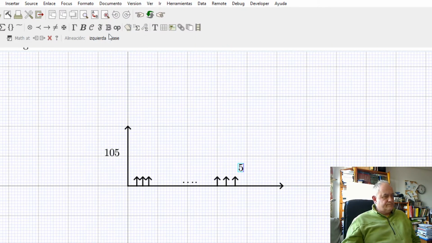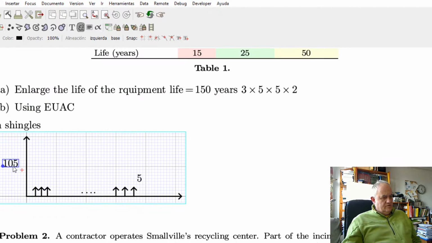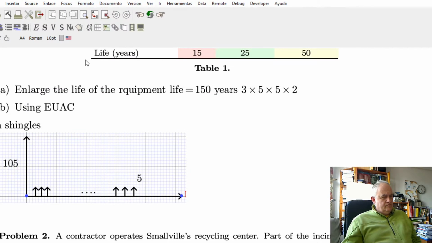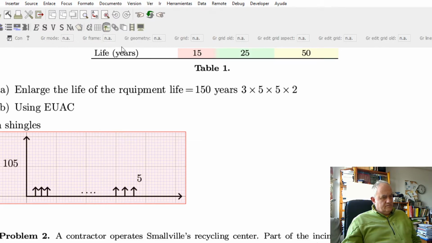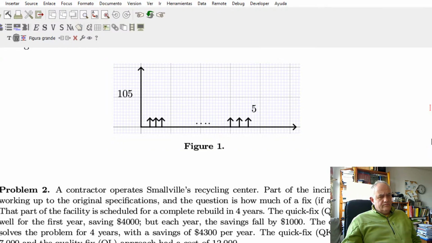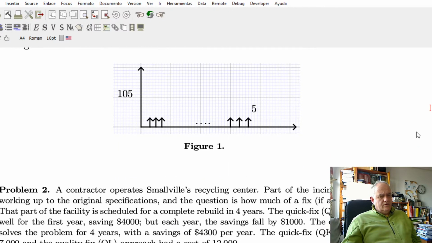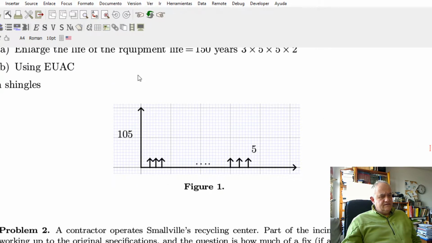So this is the analysis we have for this case. We start by assessing the total cost of this alternative.